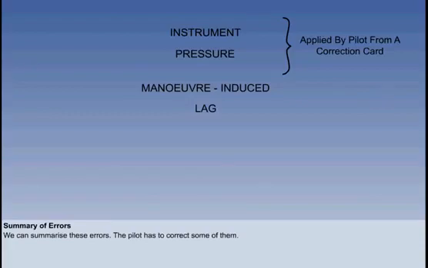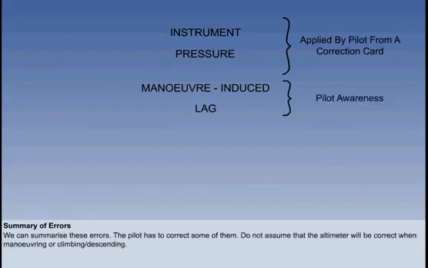The pilot then has to apply the correction by adjusting his indicated altitude. For instance, if you need to be at 3,000 feet and the correction is -80, you fly an indicated altitude of 3,080 feet. There is not much we can do about maneuver-induced error or lag except to be aware of it and not rely on the altimeter for an accurate reading when manoeuvring or in a rapid rate of climb or descent.